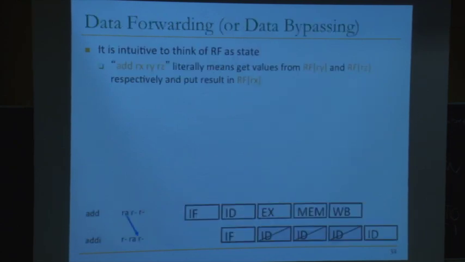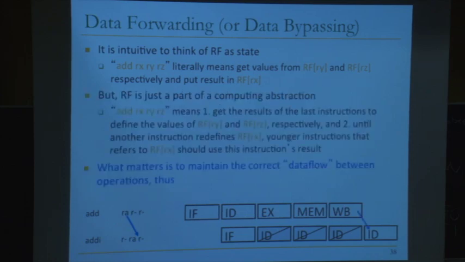So I've given you the idea of data forwarding. You can study these slides also. But basically, the key observation is that the register file just keeps state, whereas what you really want to do is communicate values between producers and consumers. So how do we ensure that the value is communicated? I'll let you read those slides.